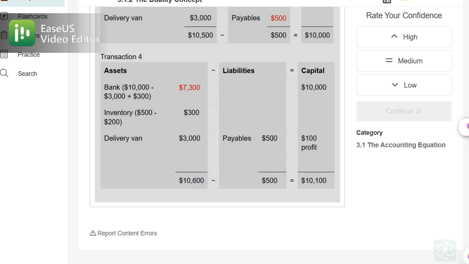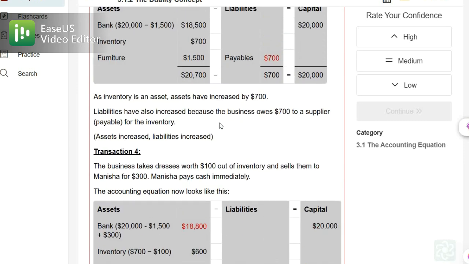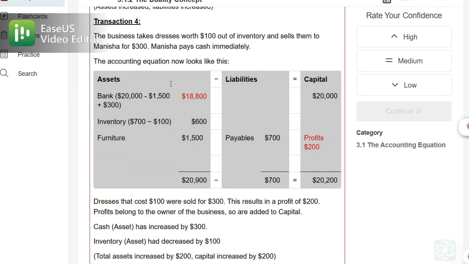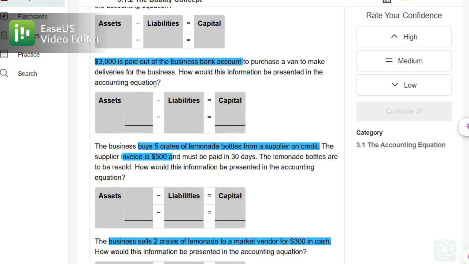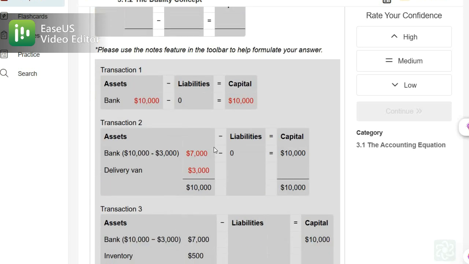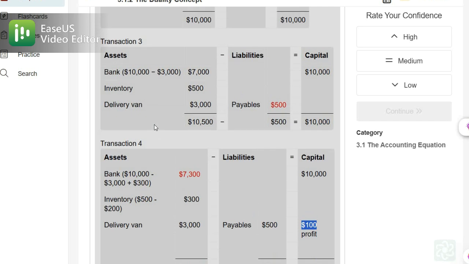There is a liability portion that is payable 500, and that is because of the lemonade. I think this one: you buy 5 crates of lemonade bottles from the supplier on credit. Okay, then this is the profit you just earned from selling those 2 crates of lemonade.